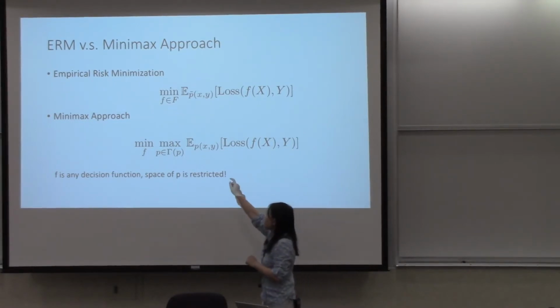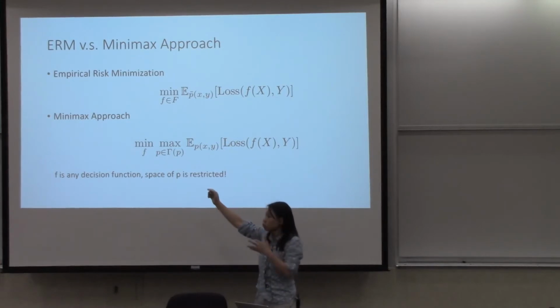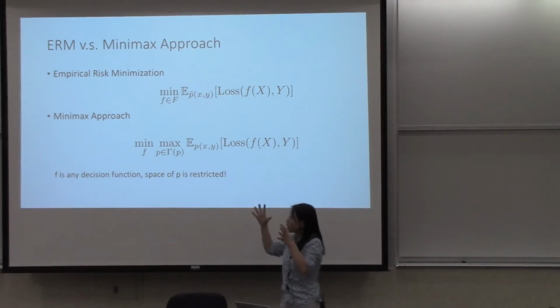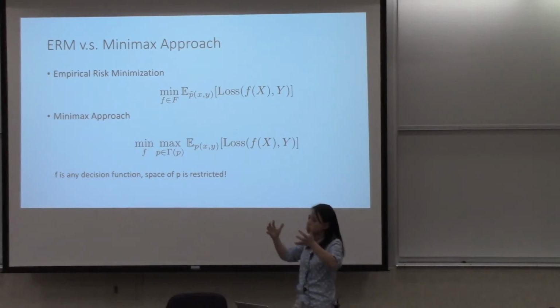This p(x,y) is actually proposed by some adversarial player, or some max player in this game. So this p(x,y) is in a set. We can have different constraints on this set, and then you just draw some distribution from this set.